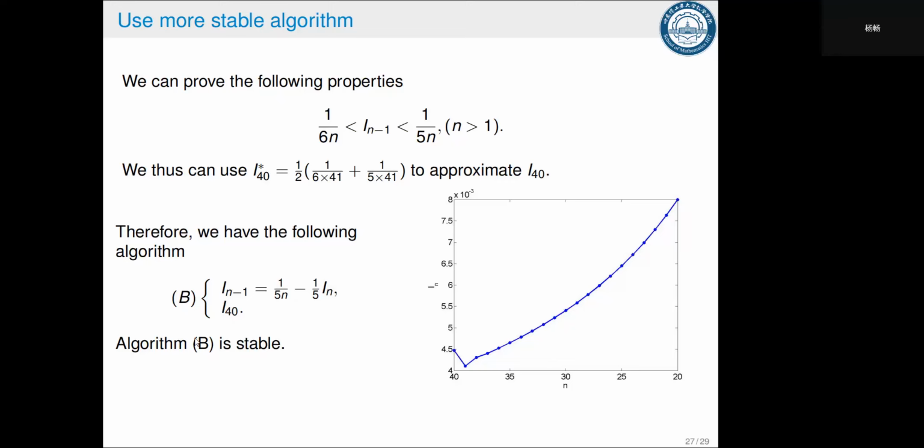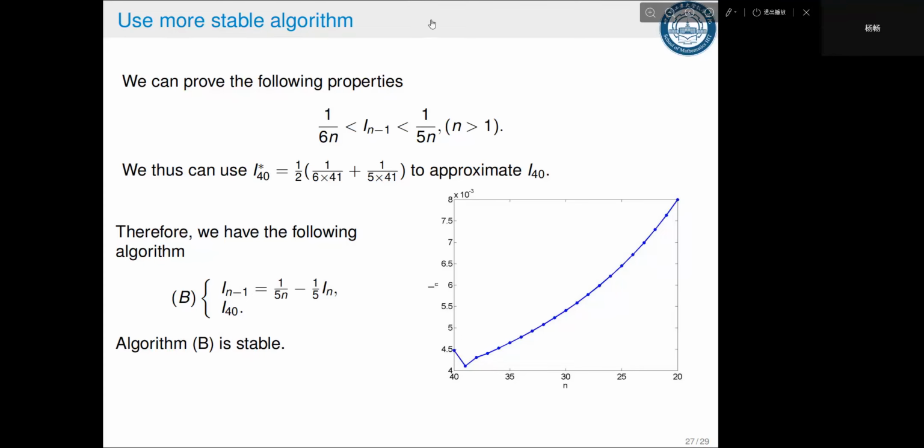So here we can prove that such an algorithm is stable. I will show you the reason why the second algorithm, the backward recursive formulation, is stable.